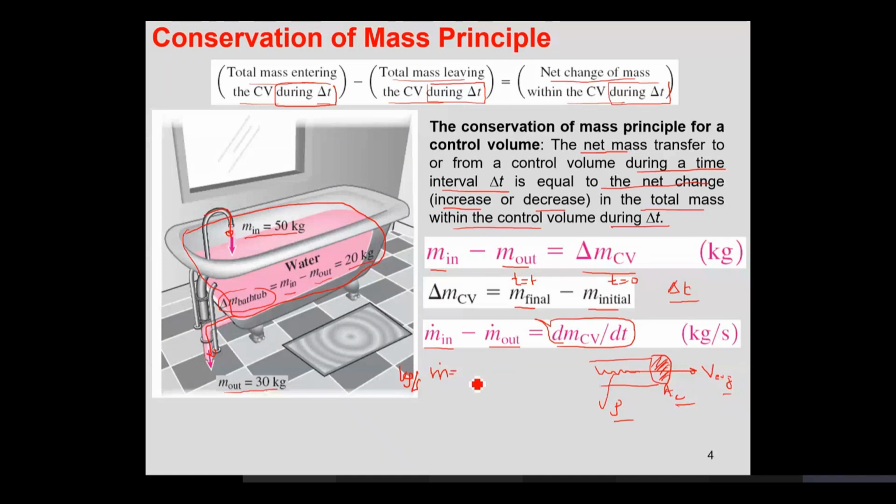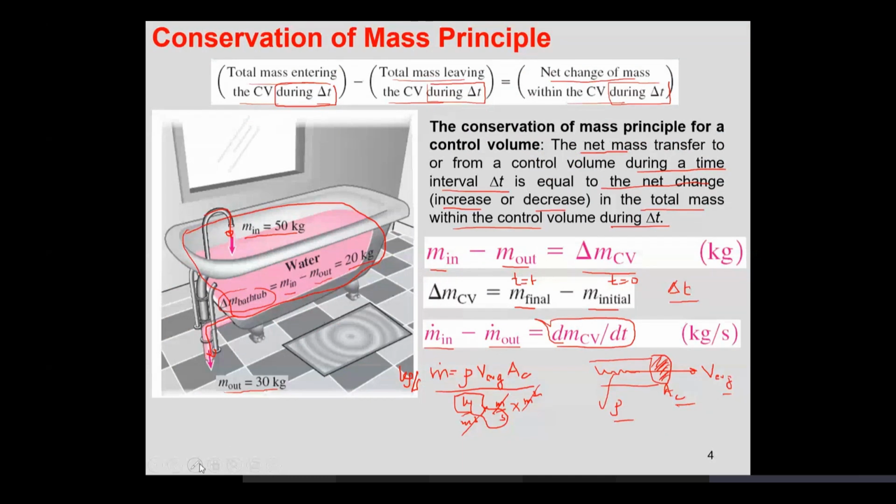Mass flow rate is essentially equal to density multiplied by average velocity, multiplied by the cross-sectional area. So if you look at the units, this is kg per meter cube multiplied by meter per second multiplied by meter square. So this would cancel out, this would cancel out, and you'll essentially have kgs per second as the mass flow rate. Is it clear?